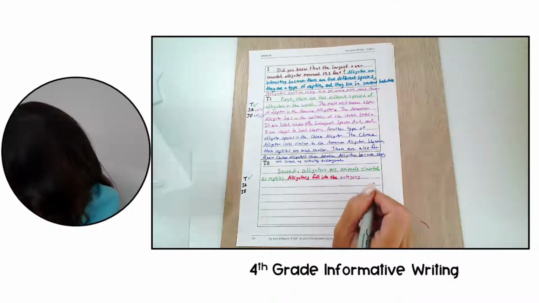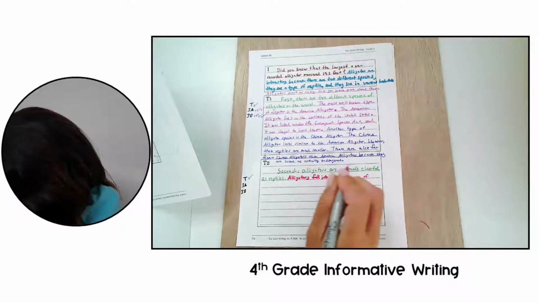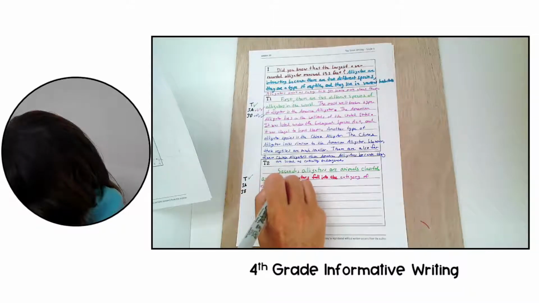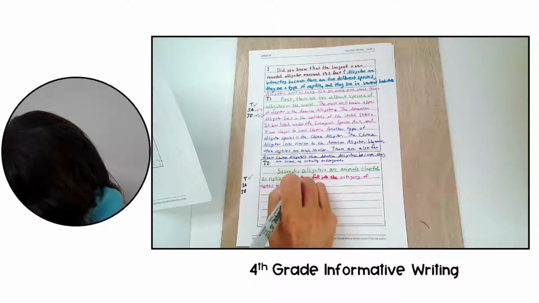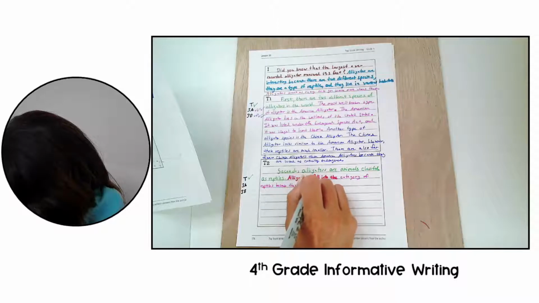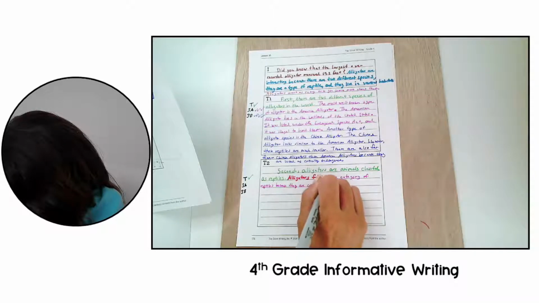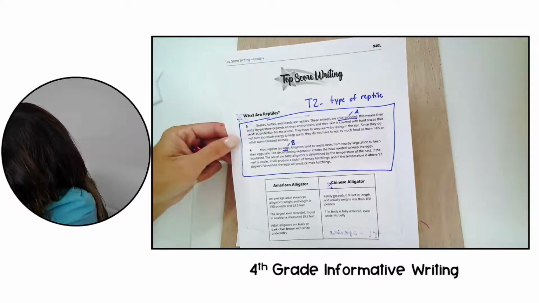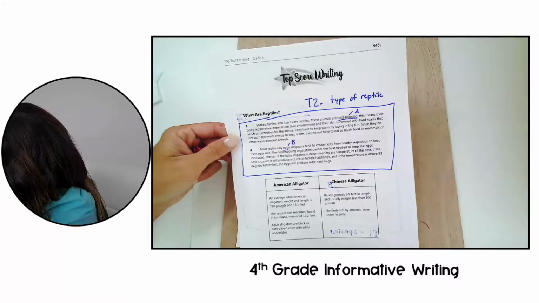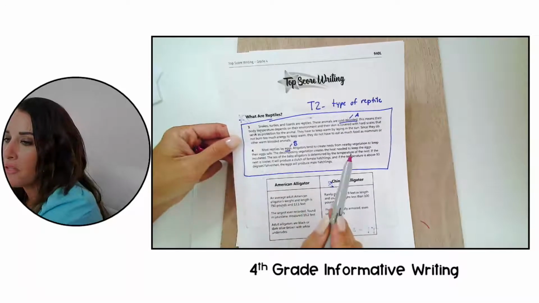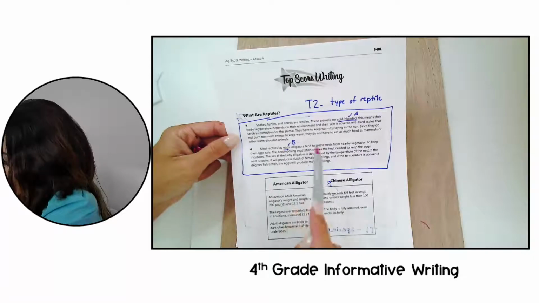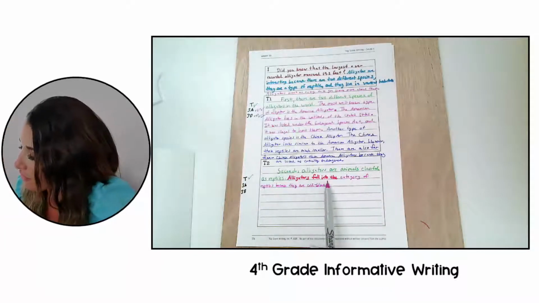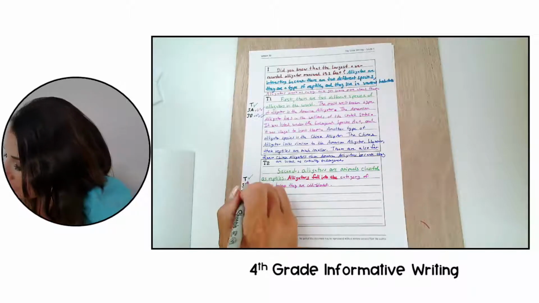Fall into the category of reptiles because they are cold-blooded. Okay, so you can see right there, that's where I got the information from. This is about alligators being reptiles and that these animals are cold-blooded. So I put that into my own words. I said alligators fall into the category of reptiles because they are cold-blooded. That is one sentence about A.